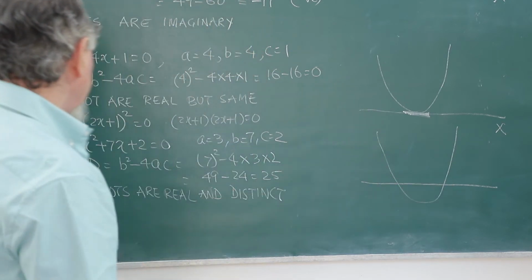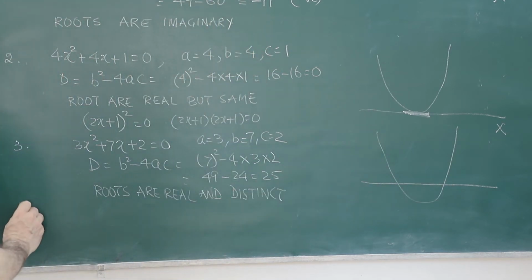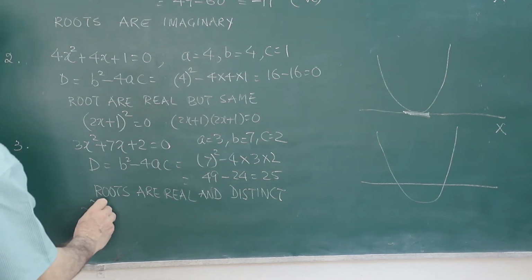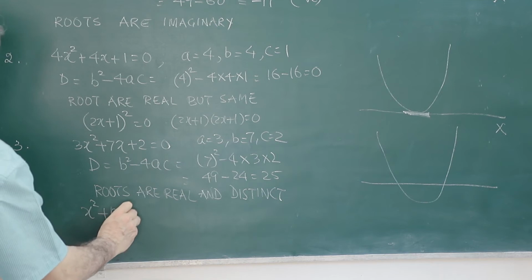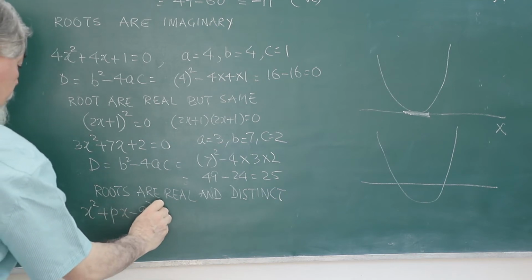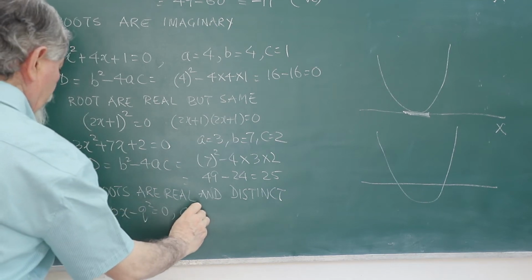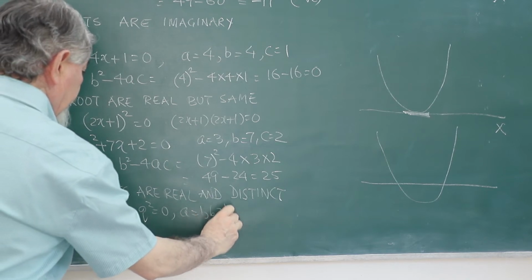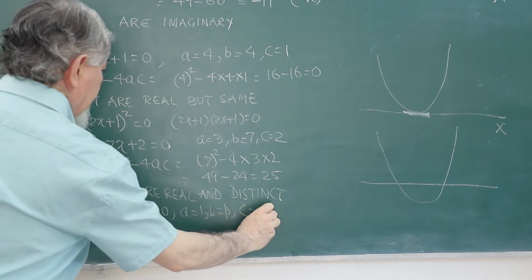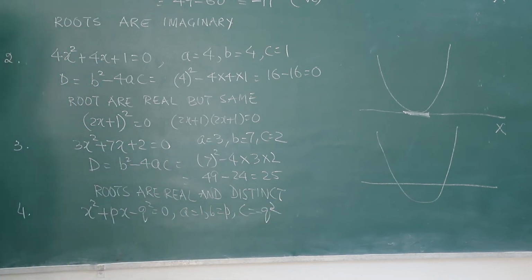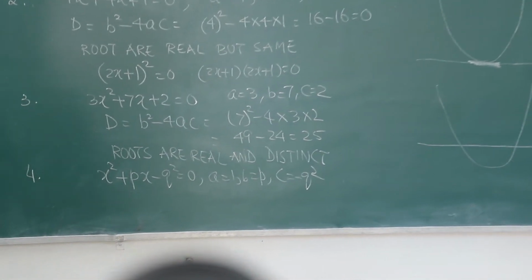Now the fourth part, x square plus px minus q square is equal to 0. A is 1, B is P, and C is minus q square. Let us calculate the value of B square minus 4AC.